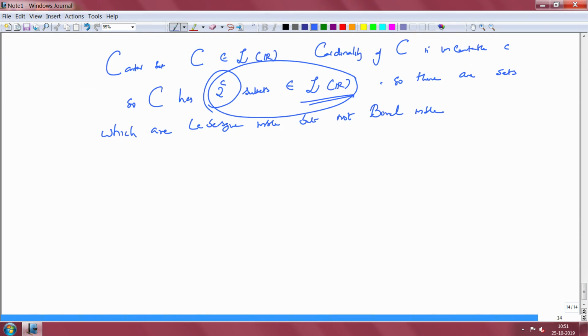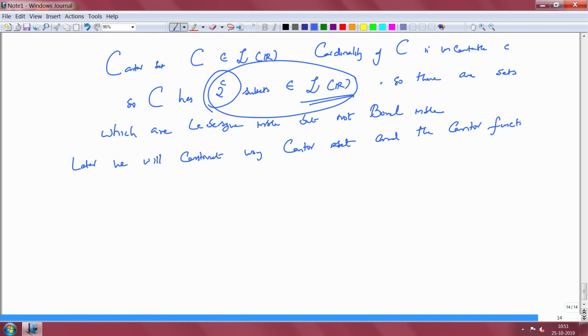Of course, this is one way of proving this. Later we will construct, again using the Cantor set and the Cantor function, an example.